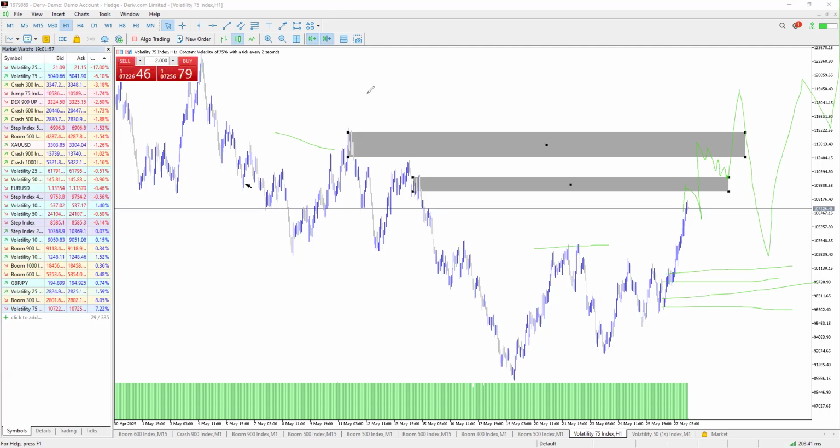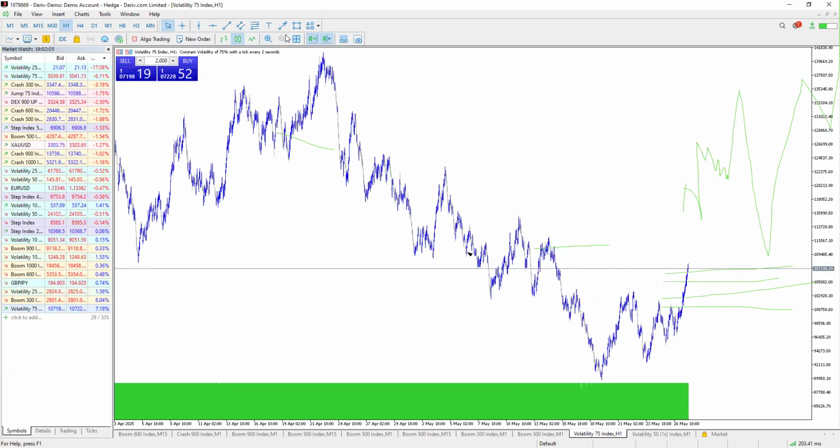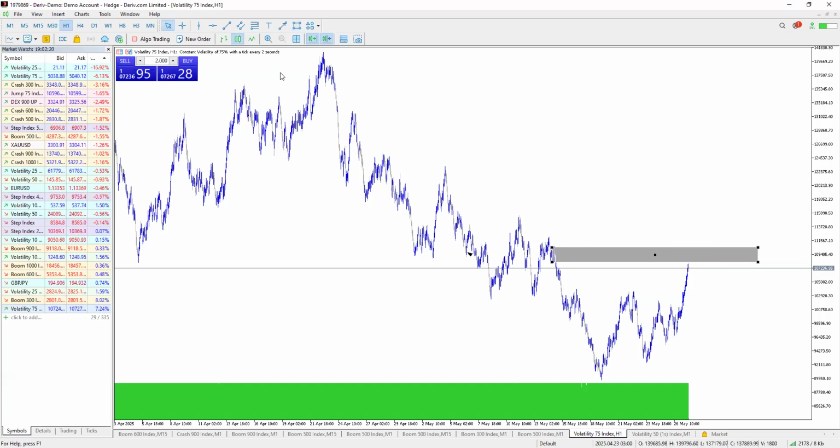So for V75, based on what we are seeing, I'm expecting V75 to come and buy, react on this area, react on this area again. Why? Because we have OBs in these areas, right?